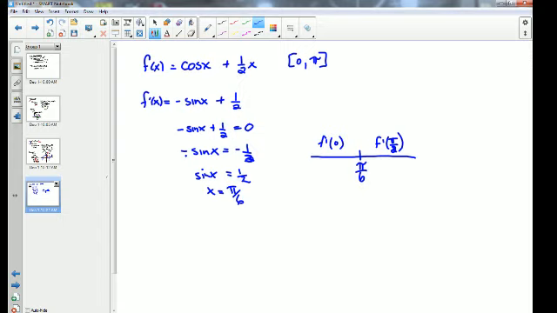The 0 inside? F prime at 0. So if I plug 0 in, one positive, 1/2. If I plug pi over 2 in, negative. Negative 1 plus 1/2 is negative. So again, we have increasing, max, decreasing, right?